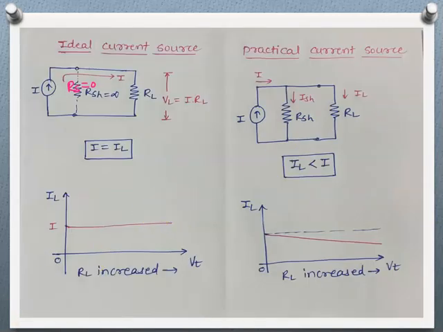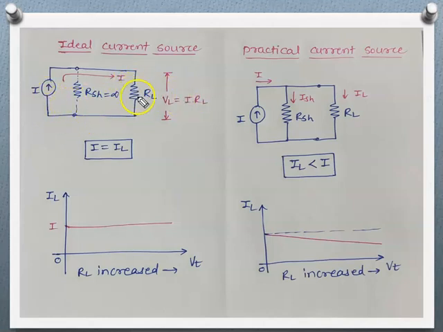Now let's compare the ideal current source and the practical current source. Here this is the symbol for ideal current source, where RSH is infinity, so it is an open circuit here, so current does not flow through this branch. Current starts flowing from here, through the load, and back to the source.